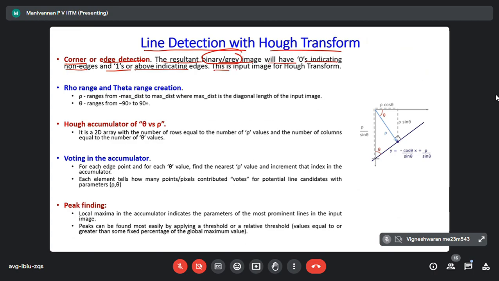Okay. So this is the input to the Hough transform. You are going to transform after segmentation. What do you do? First thing, you take the image and convert it, if it is a color image, into a grayscale image. Already we saw the 3 methods of conversion.